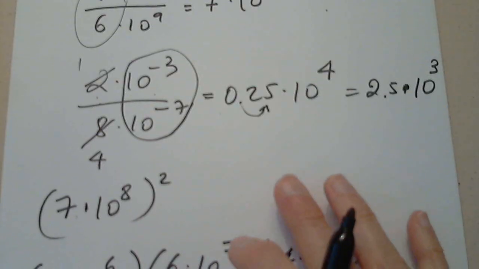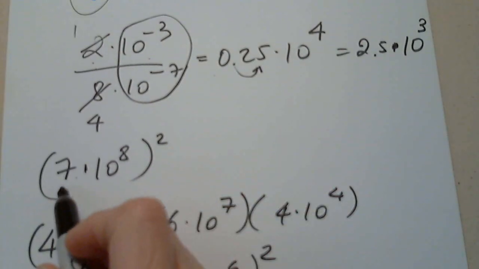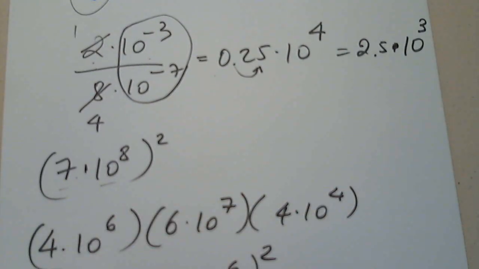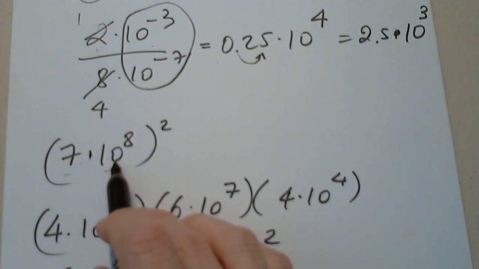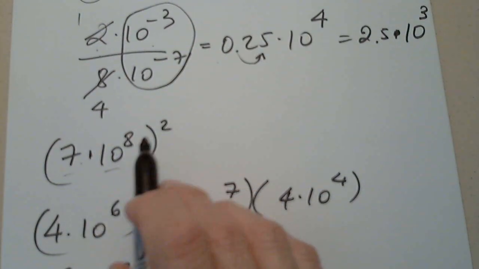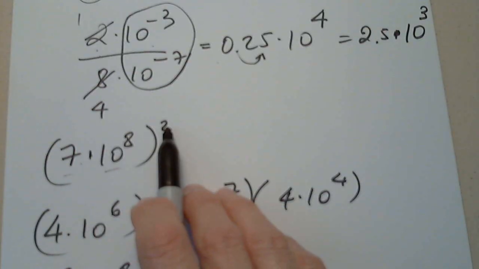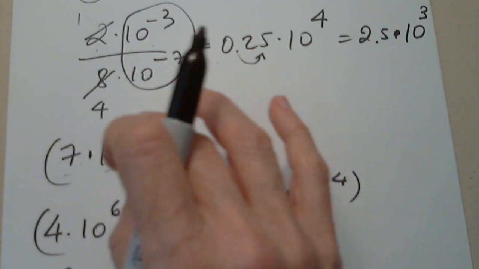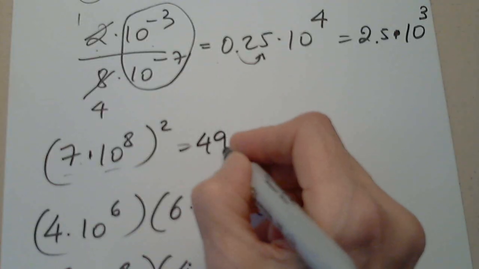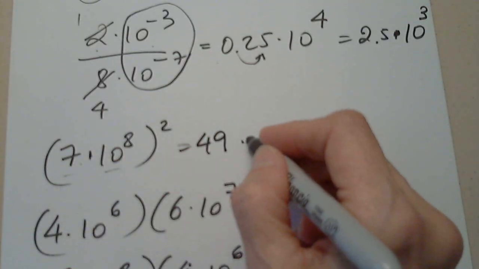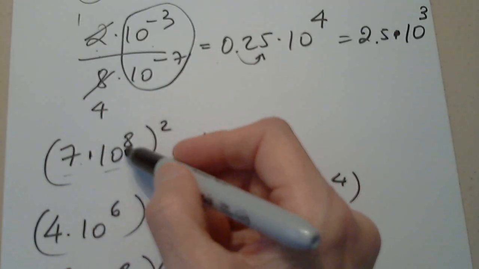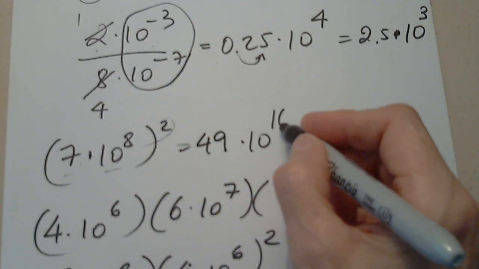Let's go back to the first one. So here I see 2 factors. I have to raise both factors to the 2nd power. So I have 7 times 10 to the 8th, everything squared. I have to raise 7, and I get 49. I copy the base, and I have to multiply the exponents. So I get 16.